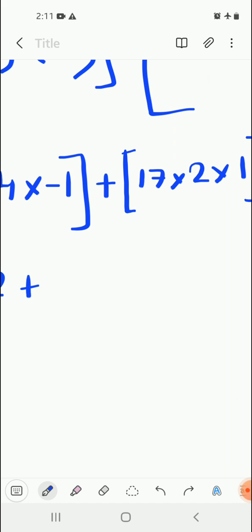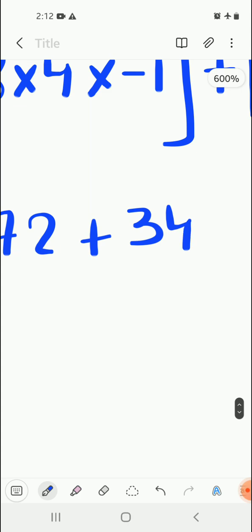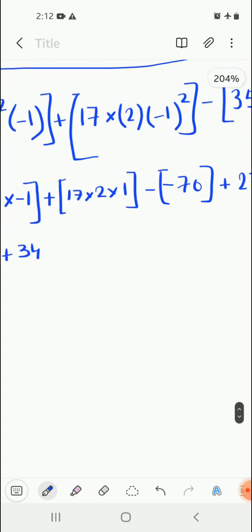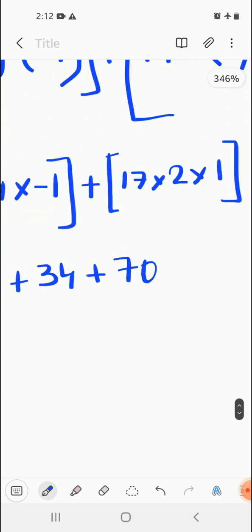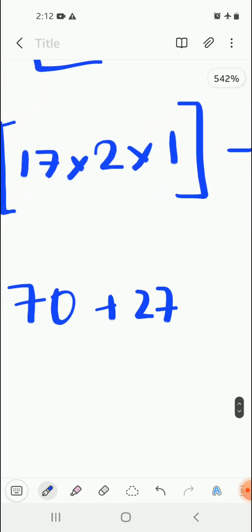It's going to be 17 into 2, 34, into 1, again 34. So we are going to write it here, 34. After this, minus into minus is plus 70. After this, we are going to write plus 27 and minus 8.